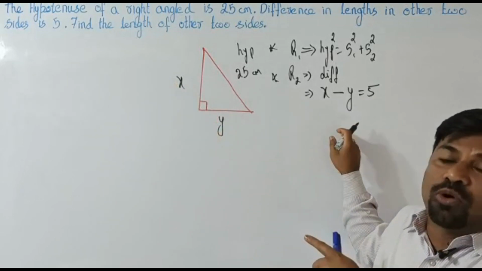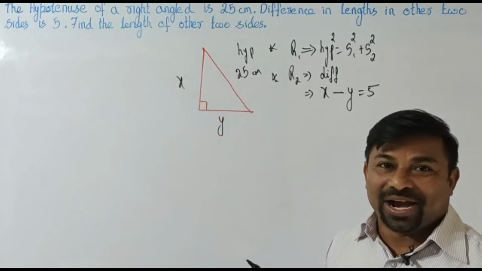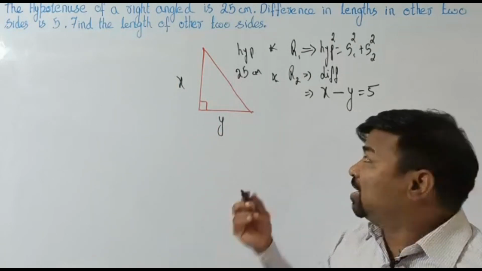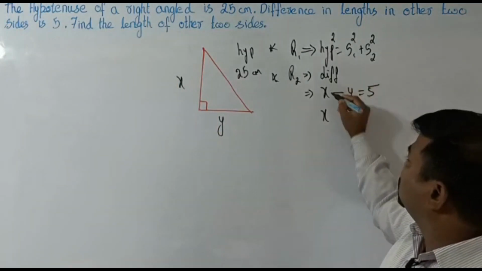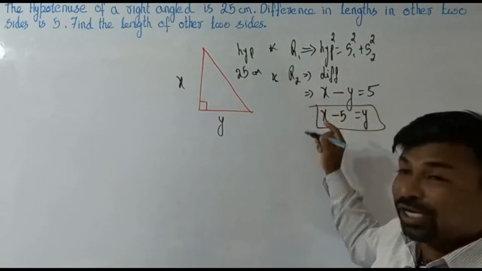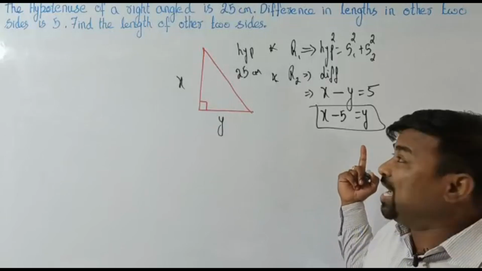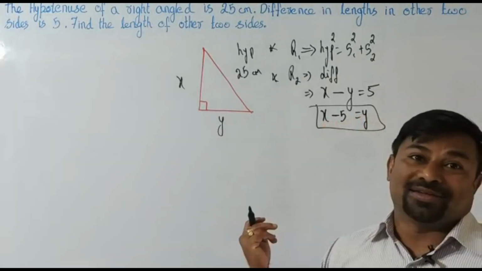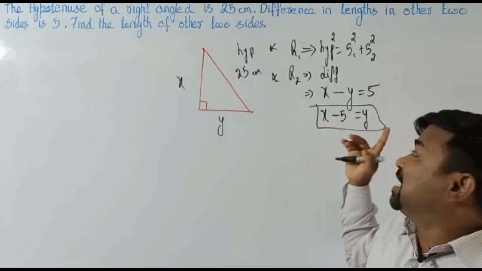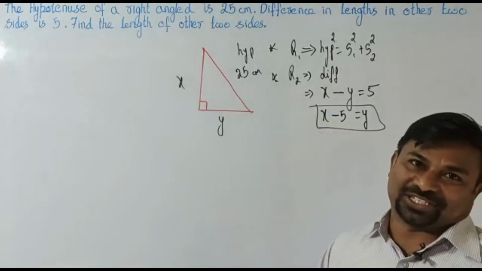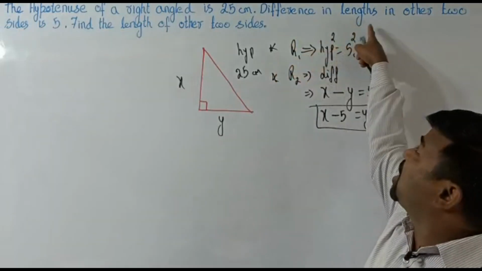Whichever you don't want, you eliminate that, getting one variable in terms of the other. So I turn this into x minus y equals y, and I can plug in x minus y in the place of y. In this way, I can eliminate y and get the entire equation in terms of x, and here we already have powers.